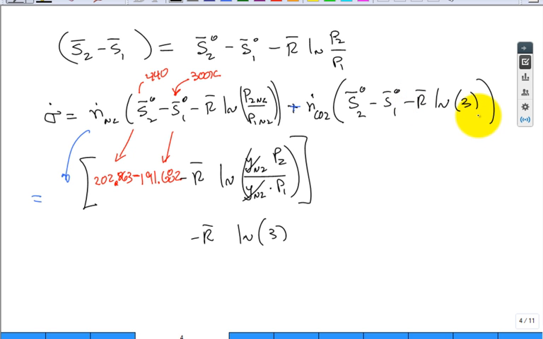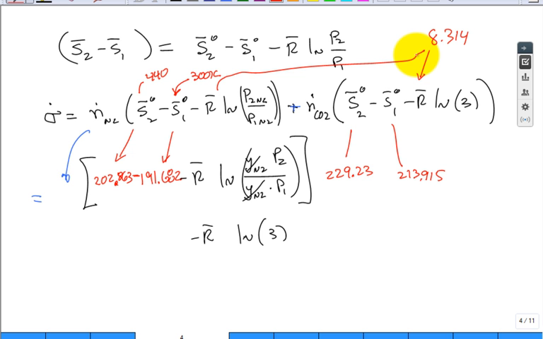Same logic. And then when we find this, it's 229.23, and this one's 213.915. Hey, I forgot what is R bar. 8.314. Is it the same over here and over there? Sure is.